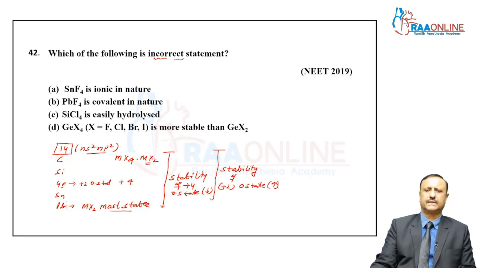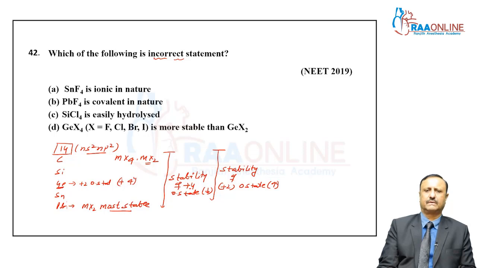So, here you can see that GeX4 of germanium is more stable than GeX2, because the +4 oxidation state stability decreases down the group. Here in germanium the +4 oxidation state stability is greater, and here in lead this is less.